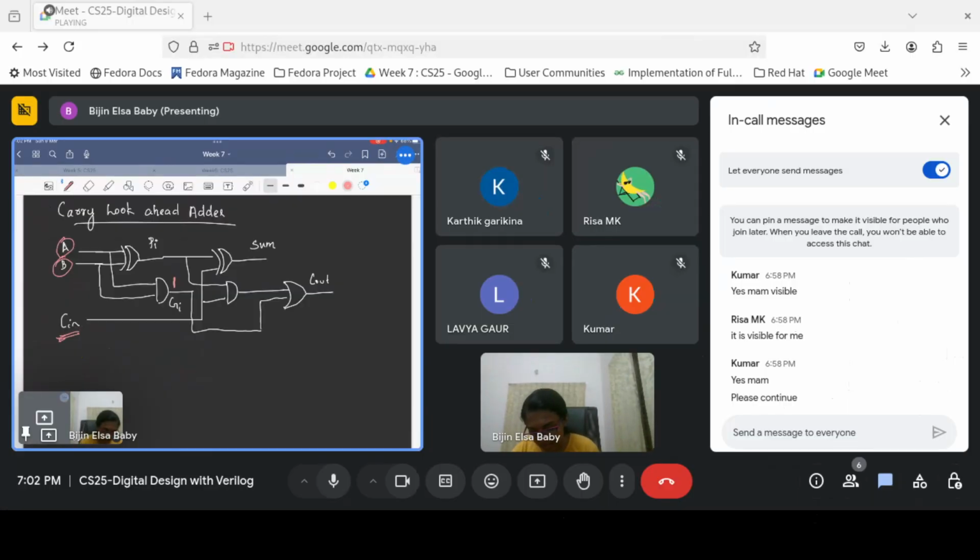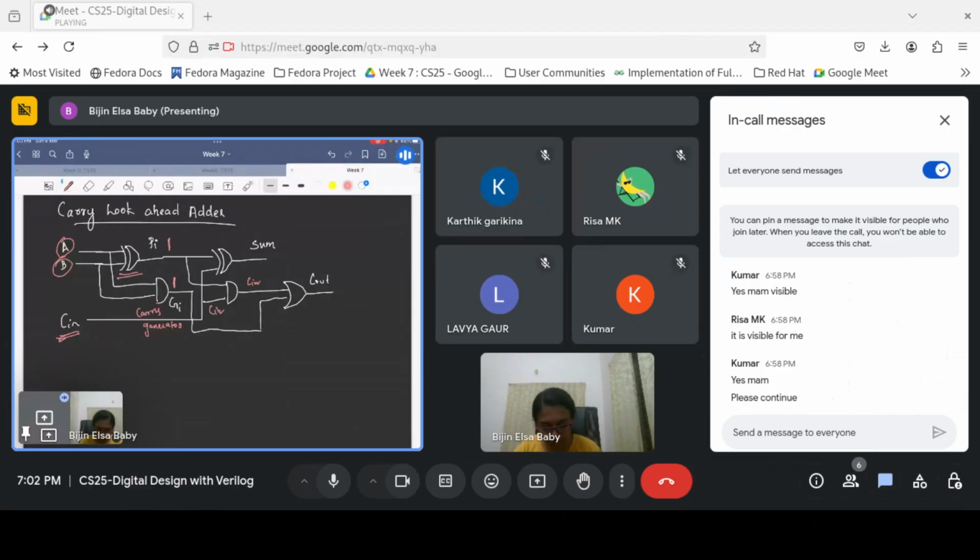And so this is one carry variable. And this one, if any of the inputs is 1, this is going to be 1. And this P, when this becomes 1, this is going to pass the incoming carry, right?